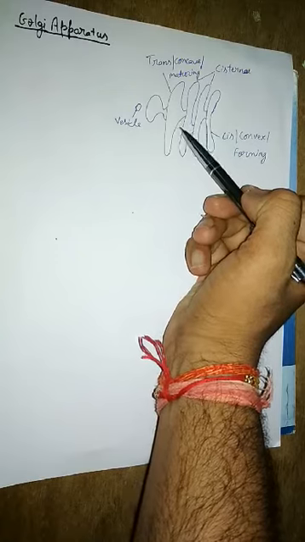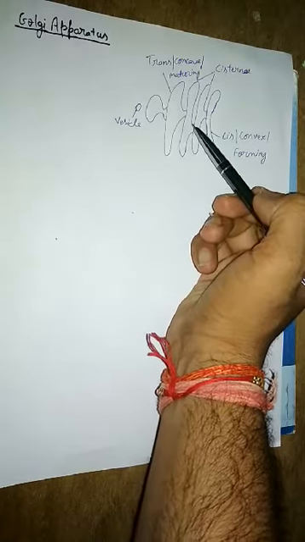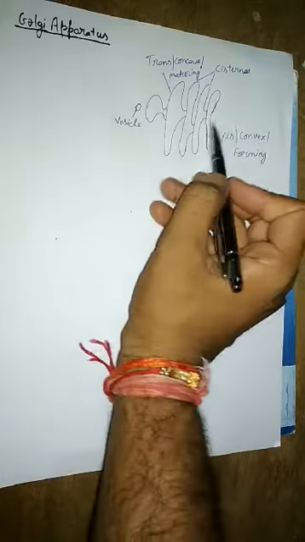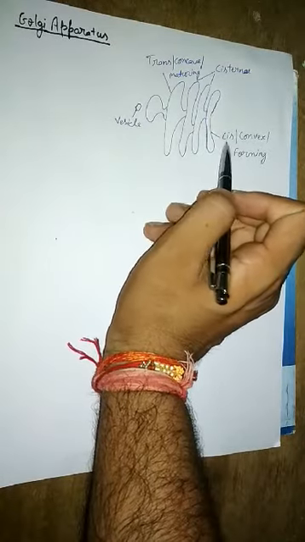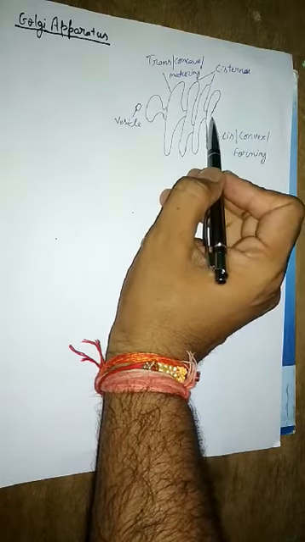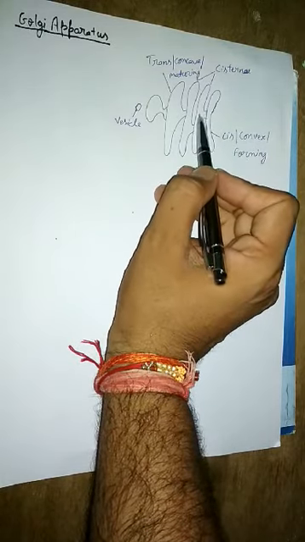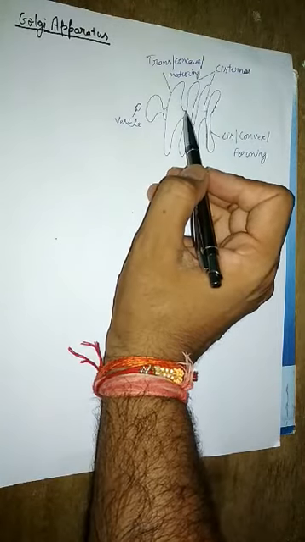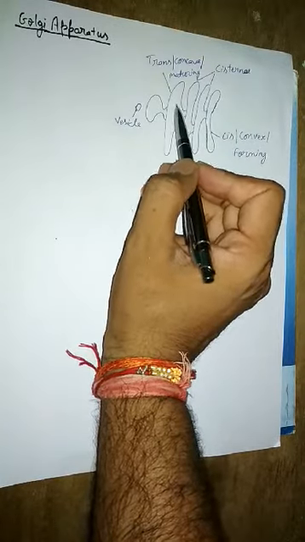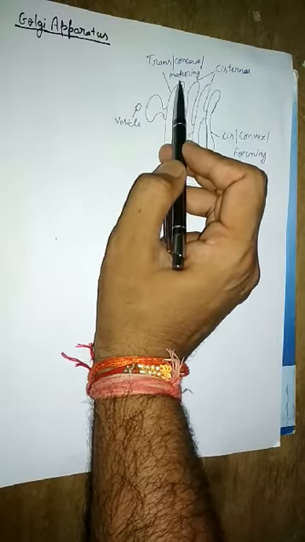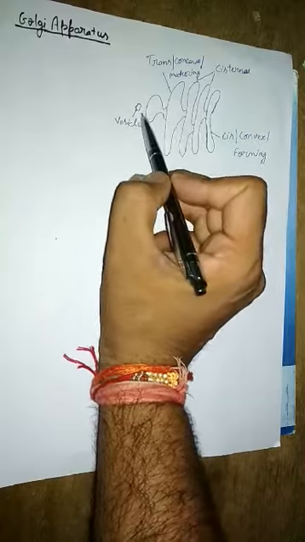Any substance, either protein, lipid or steroid, which is to be packaged will enter through the cis phase, the convex or forming phase. Then it will pass through different cisternae, and as it passes it will become mature, and then it will be delivered out through the trans phase, concave phase or maturing phase, in the form of a vesicle.